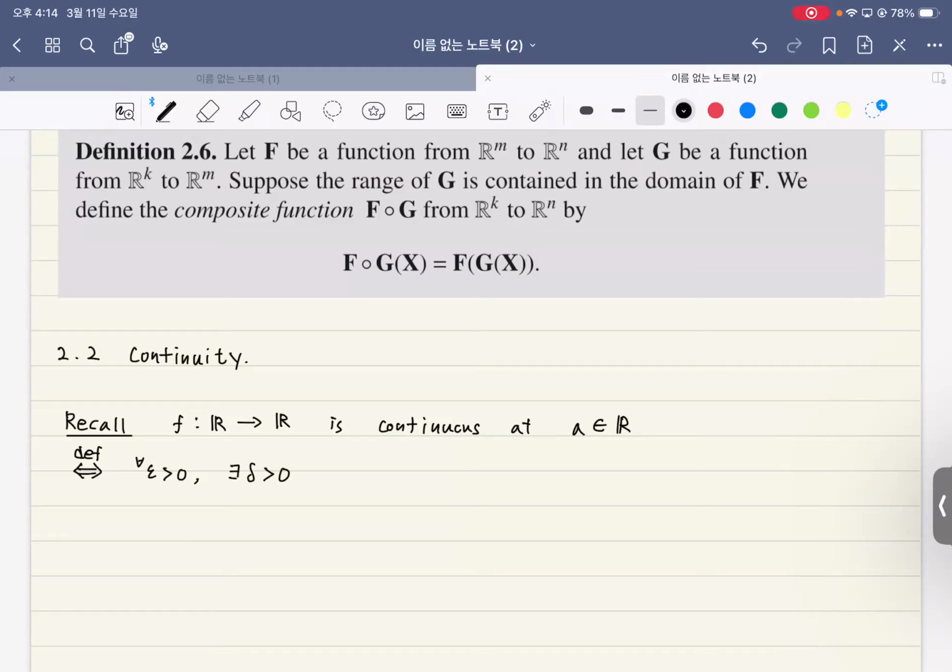Epsilon is the error tolerance, and delta is called the precision. For any positive epsilon, you can find a delta satisfying the following condition.